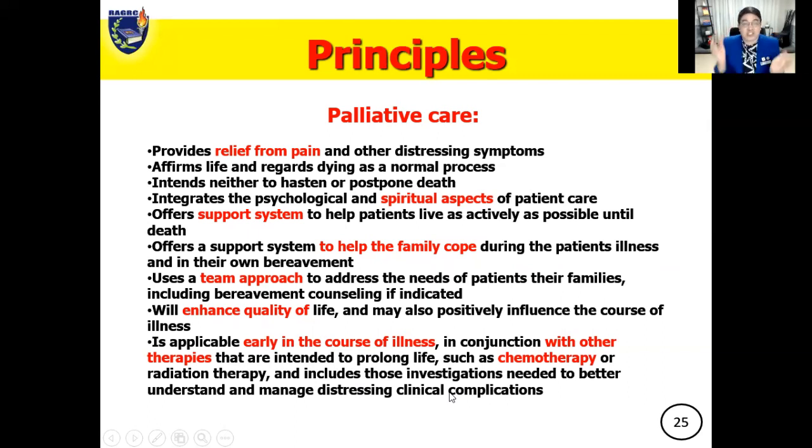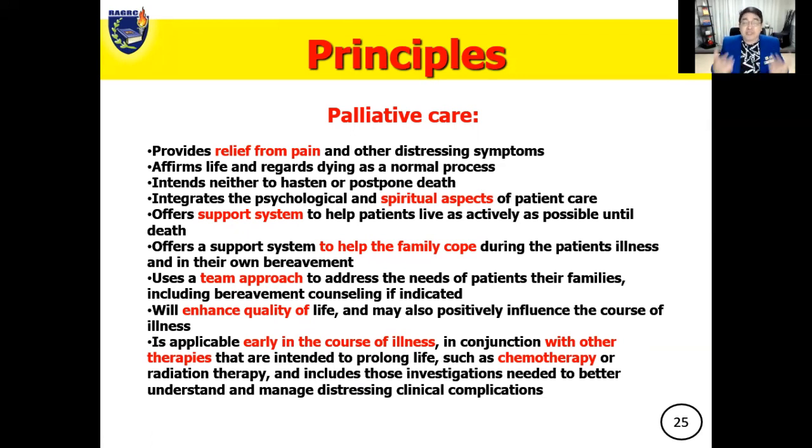So, in a nutshell, when you say palliative care, it provides a support system that addresses psychological and spiritual needs of both the patient and the family, utilizing a team approach to enhance the patient's quality of life. And take note, it's not just done towards the end or near-death experience of the patient, but it is done early in the course of the patient's illness.